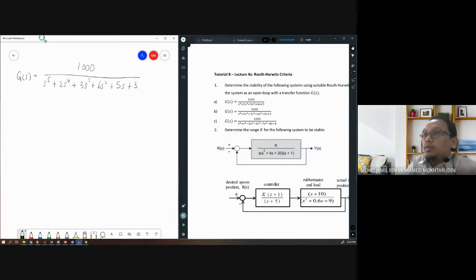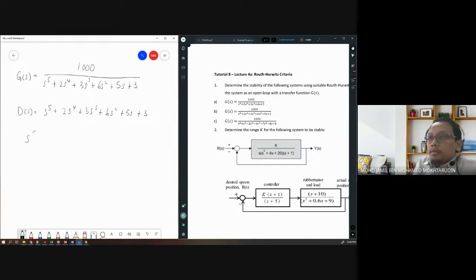So we take the denominator, and we generate the Routh table.